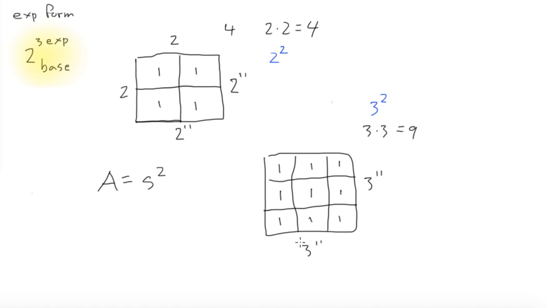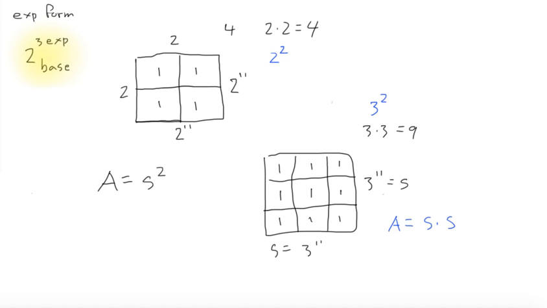Let's say that one more time. This is a side, and this is a side, and 3 equals a side. So the area would equal side times side. What does each side equal?